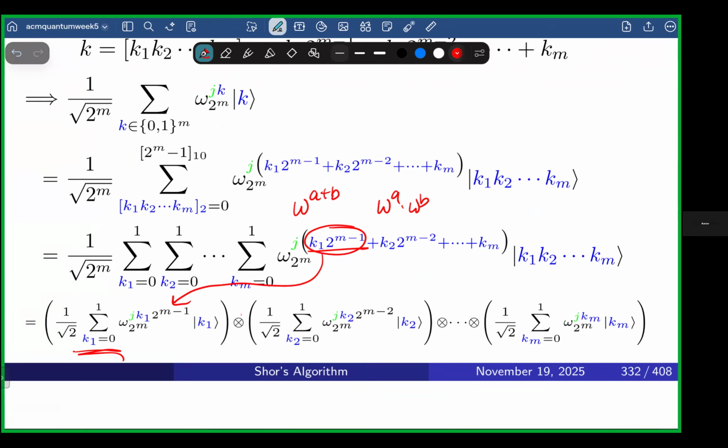And then these end up being tensor product states, because these are implicit tensor products, k1 tensor all the way to km. Does that make sense? You don't have to fully understand the math right now, but just generally, we'll just do it. Should I just skip this?